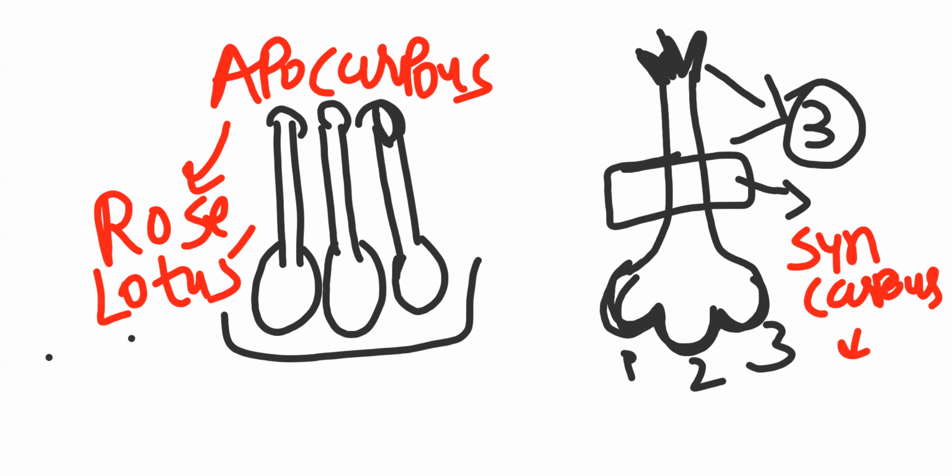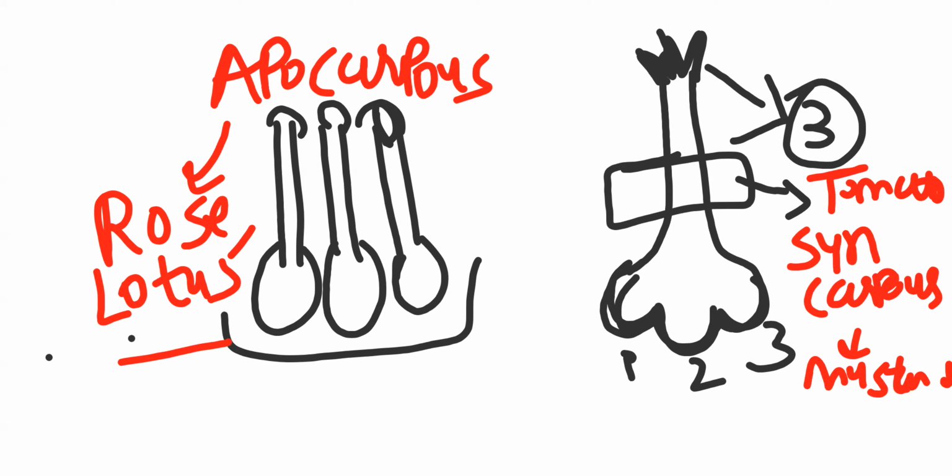Syncarpous in case of mustard and tomato. Remember, if there is more than one carpel and they are free from each other, it is the apocarpous condition. And if carpels are fused to each other, we call it the syncarpous condition. Apocarpous: rose, lotus. Syncarpous: tomato and mustard.